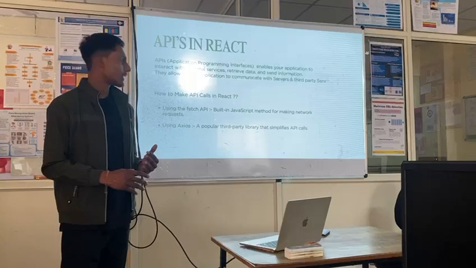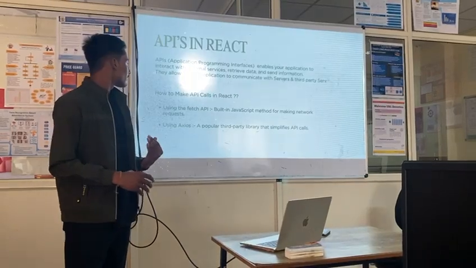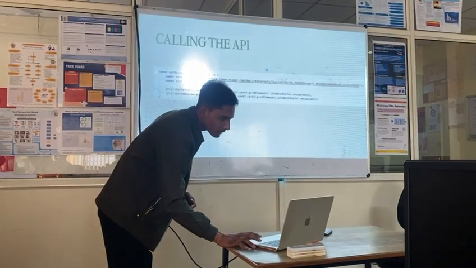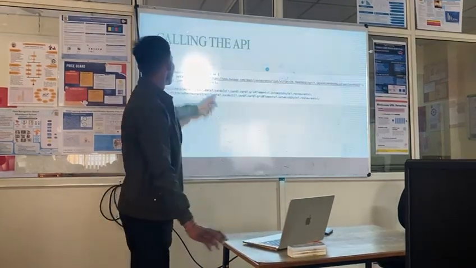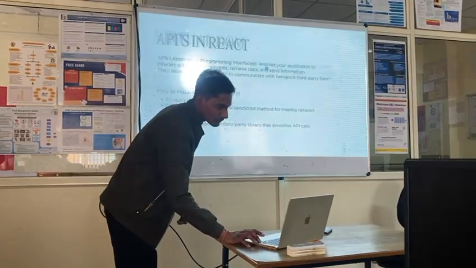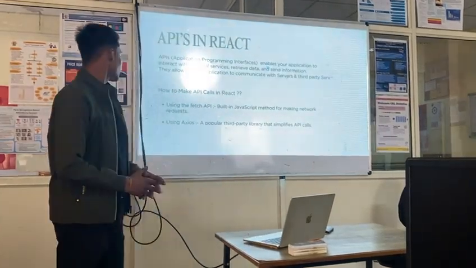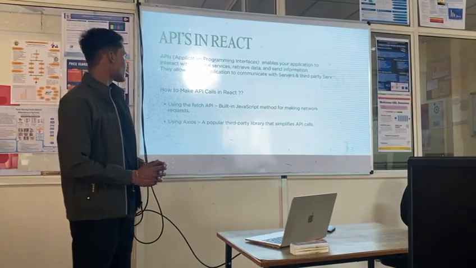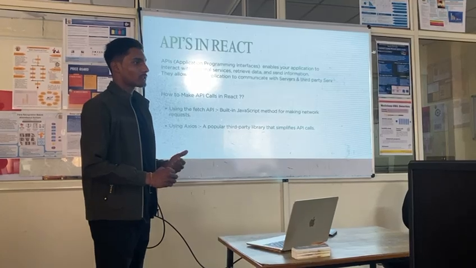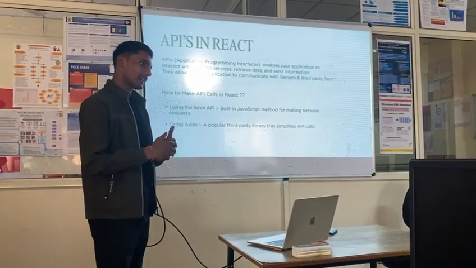First, using the fetch API. Fetch is a built-in method in JavaScript, which we used in our project. And the second one is using Axios. It is a third-party library that simplifies API calls and helps to save data from the server.